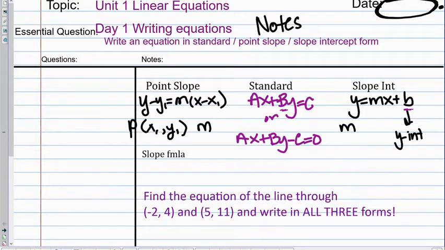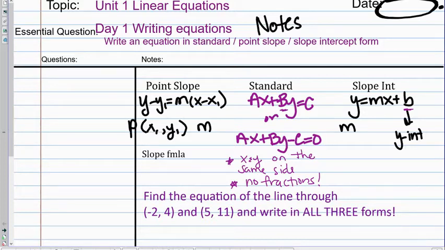When you are in standard form, and I'm running out of room a little bit, this always seems to happen to me, standard form has x and y on the same side. And there are no fractions allowed in this one. Okay, so those are two really important things to remember about standard form. So that's why some people will see it with the C and then equals 0. Either way, I don't have a preference, but just so you know about that.